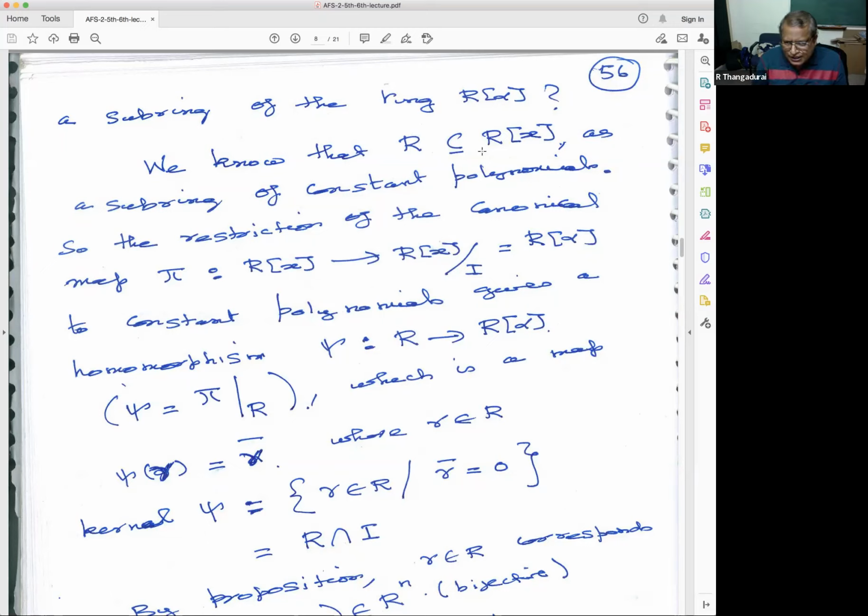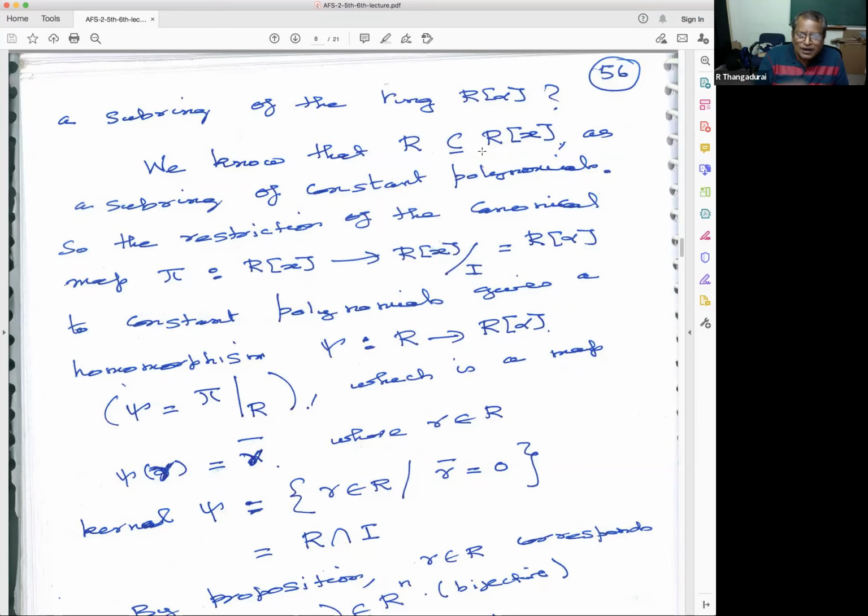So you look at the canonical map from R of x to the quotient ring R of x modulo I, which is nothing but R of alpha. It is defined for the whole ring, and we restrict it to the subring of constant polynomials. That restriction we call psi. Psi is from the ring R to R of alpha. So this is nothing but the restriction of the canonical map.